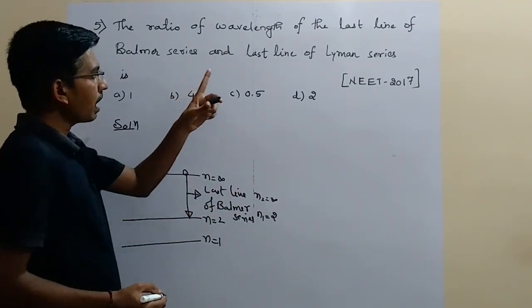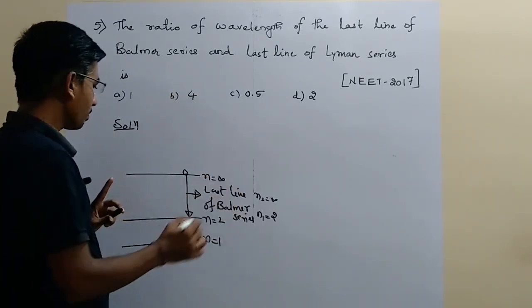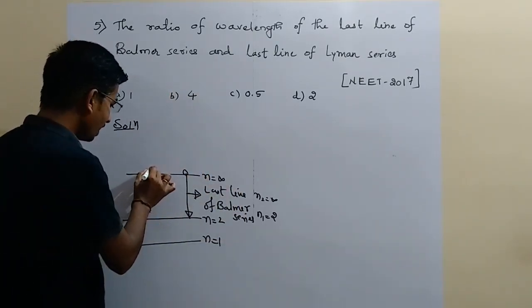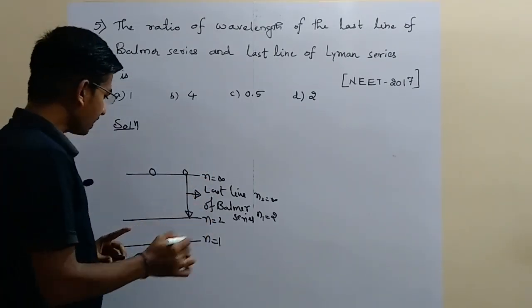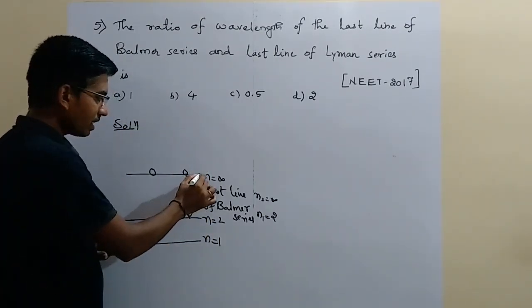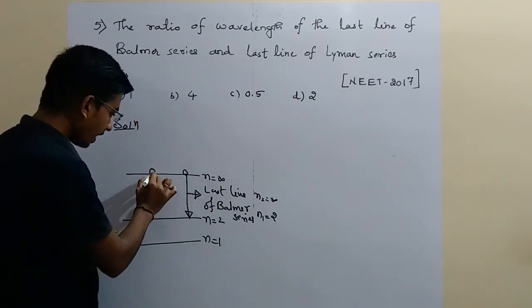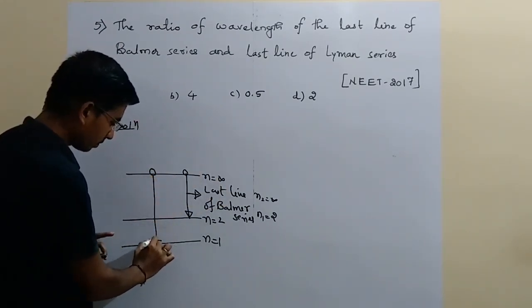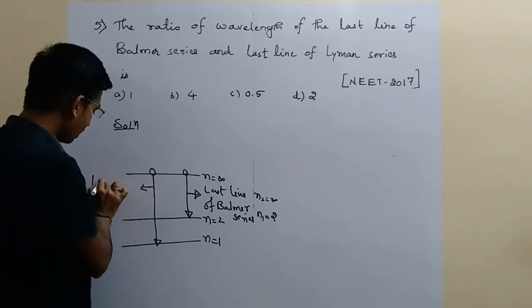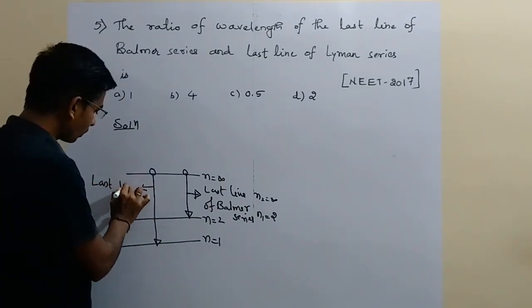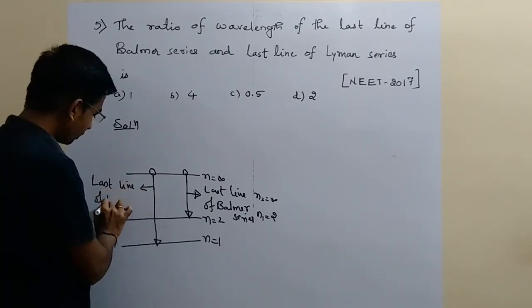Similarly, what do you mean by the last line of Lyman series? For example, again consider the electron is in the energy state n is equal to infinity. If this electron makes a transition from n is equal to infinity to n is equal to 1, it gives a spectral line. That is called the last line of Lyman series.